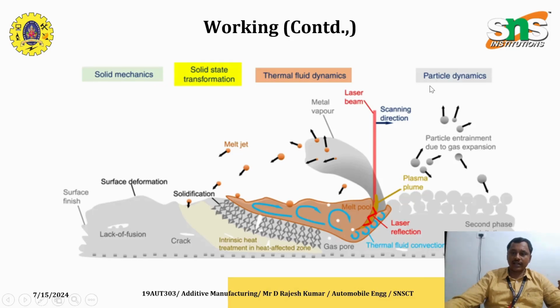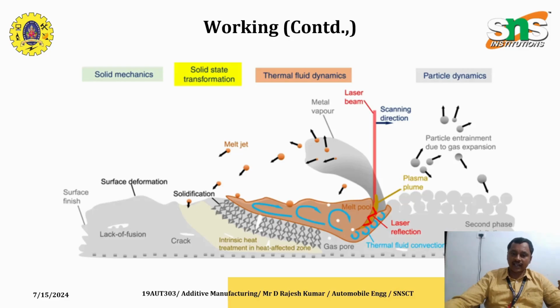So in this schematic you can see here how the laser beam is directed towards the table, and it creates a melt pool, and in this melt pool the powder is melted. So this is how the process takes place, and it immediately cures, and it forms as a solid layer. So the powder is then melted, and it forms as a solid layer in order to have the desired shape.